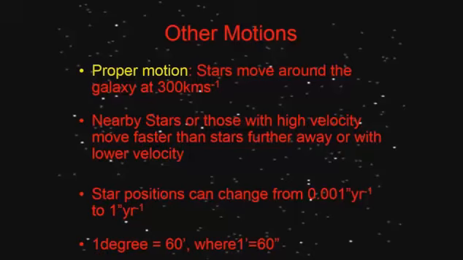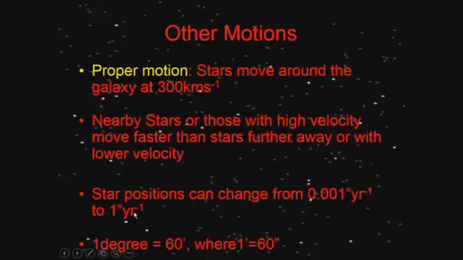And that means nearby stars, or stars with really high velocities, are going to move faster than stars that are further away or have lower velocity. So the positions of stars are going to change, and they can change from about 0.001 arc seconds per year to 1 arc second per year.